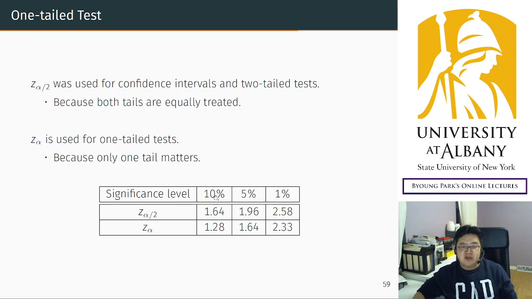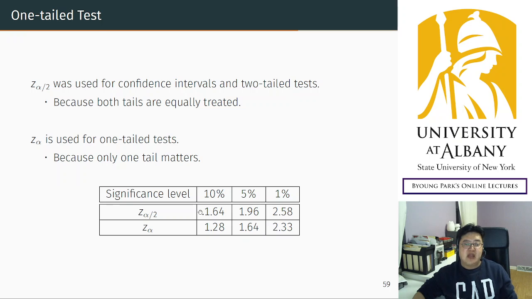And let's compare for the three most common significance levels, 10, 5, 1. z alpha over 2 was given by these values, right? These values are what you used for the confidence intervals and two-tail tests.